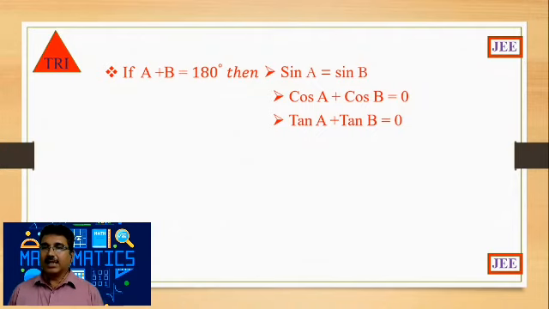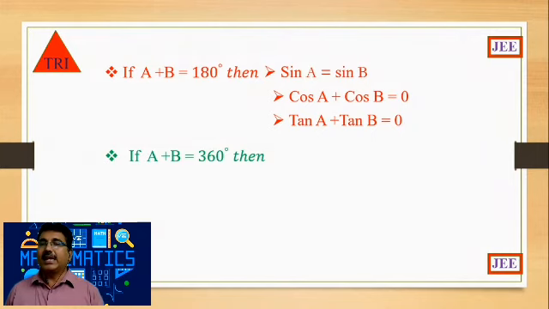Now, if A plus B is equal to 360 degrees, then what is the relation between sin A, sin B, cos A, cos B, and tan A, tan B?